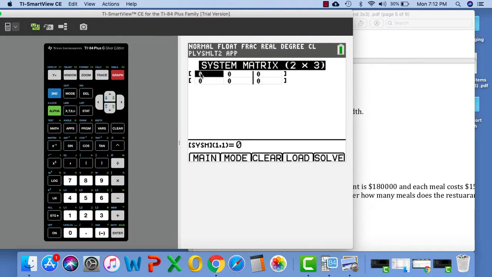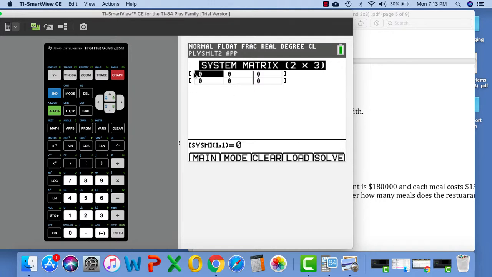And then what's going to happen is it's going to come up with something called a matrix. And this is where you're going to put in the coefficients of your x's, your y's, and your constants. Now, in order to put this in, you have to make sure your x's are lined up, your y's are lined up, and your constants are lined up, just like in all the previous examples. If it's not, you have to do that first.